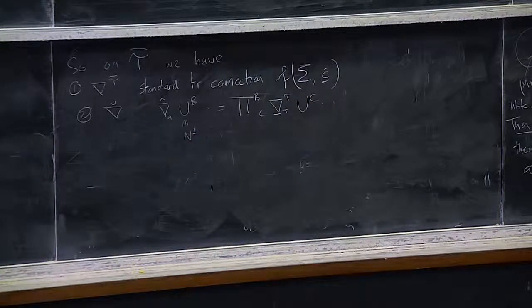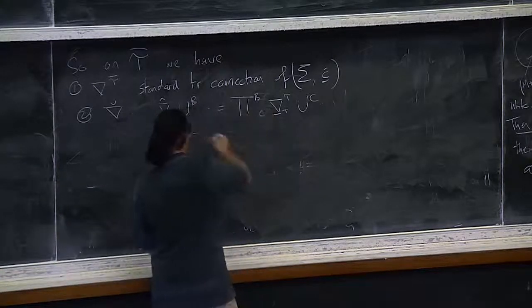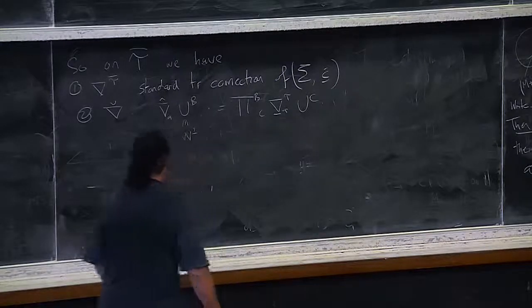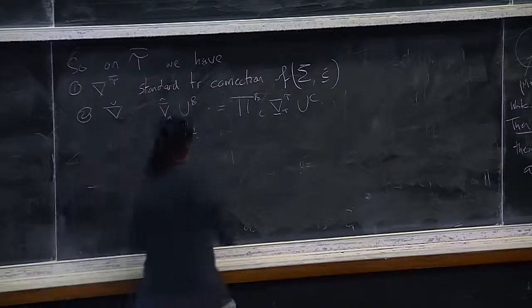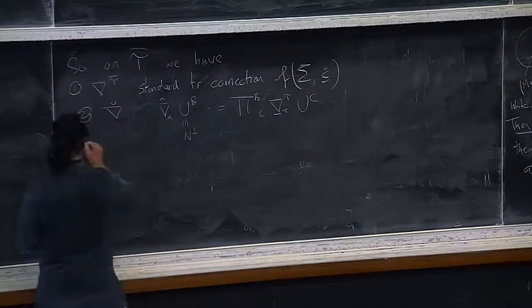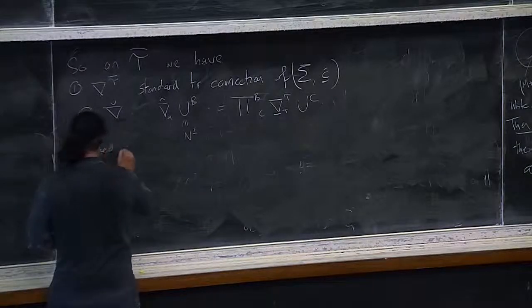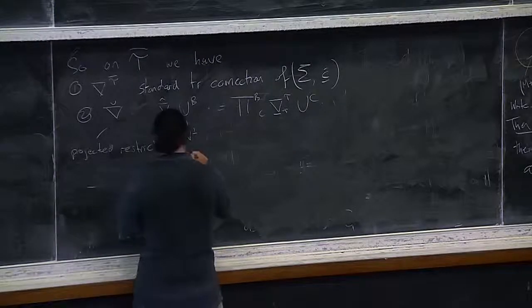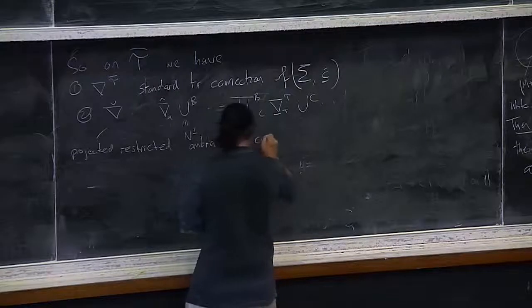Okay, so remember in the pseudo-Riemannian case, when we did the equivalent thing, we just got the Levi-Civita connection, right? So the analogous thing does not happen. So this is the kind of projected, restricted ambient tractor connection.